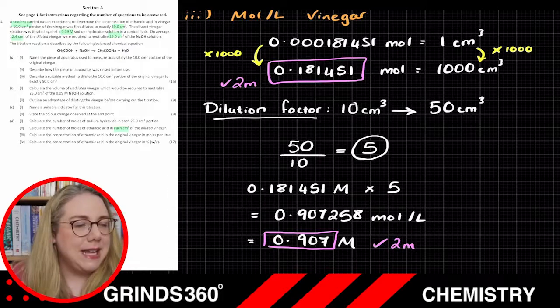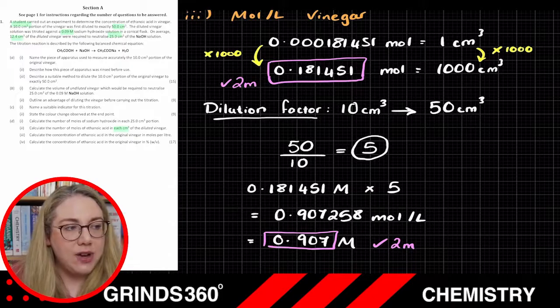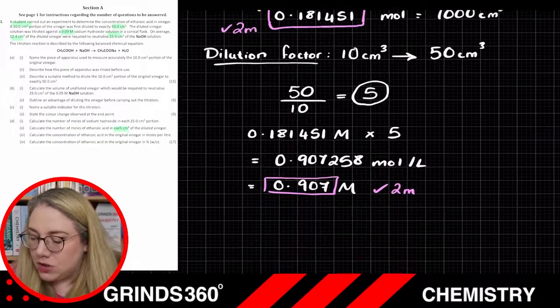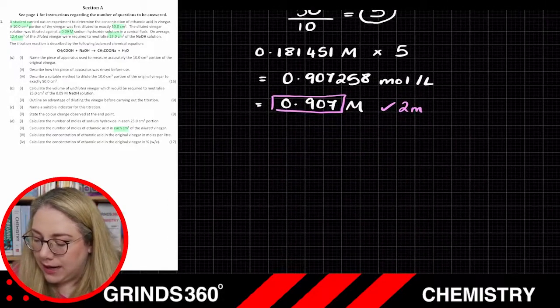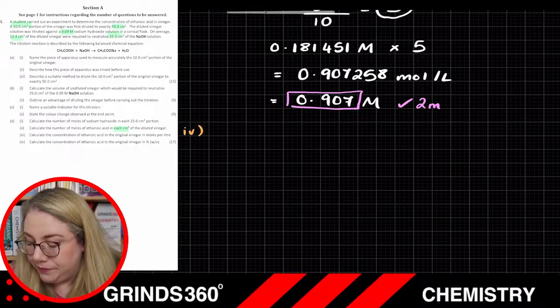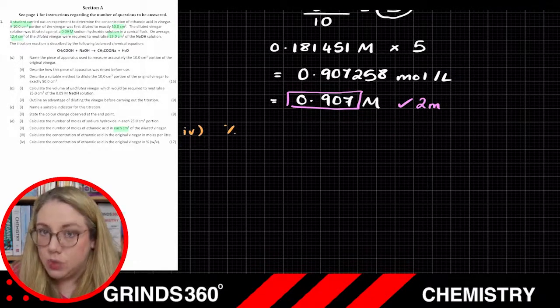We're nearly there. Now the last part, which is part 4, calculate the concentration of ethanoic acid in the original vinegar in percentage weight per volume. Now when I had a strong suspicion vinegar was coming this year, I had everybody warned, make sure you can do this conversion, which is from moles per litre to grams per litre to weight per volume.